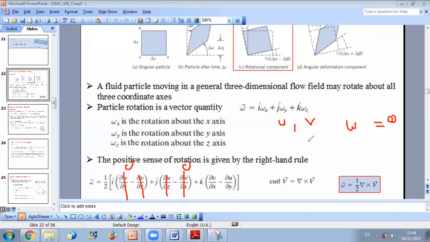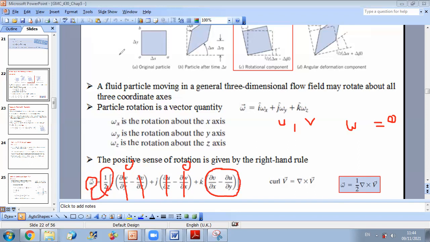So you end up, for a 2D flow, with the value of omega being just half K times del V by del X minus del U by del Y. So what can you deduce? That this component, del V by del X minus del U by del Y, is 2 times omega Z.